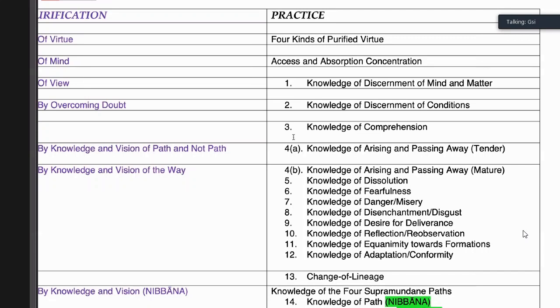In the first jhana of vipassana, although we don't go into fixed concentration yet, that day I also explained that the word jhana does not always mean fixed concentration. It can also mean meditation as a whole. So here, the knowledge of comprehension is where you find the first jhana.